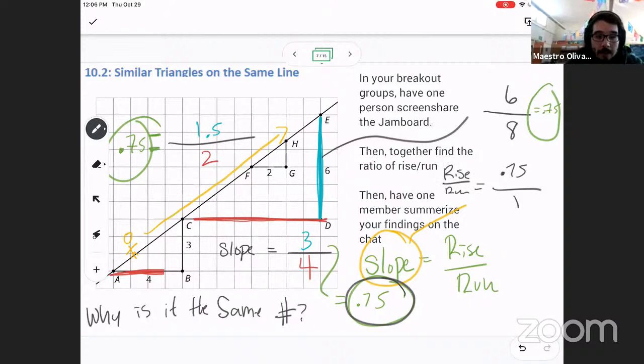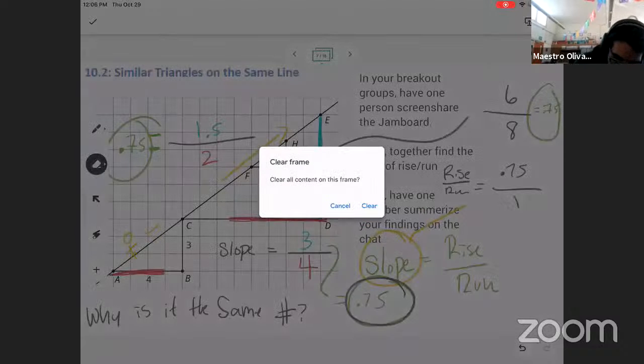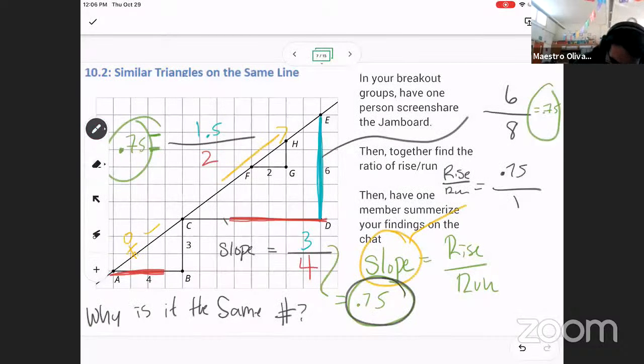I know it's really difficult, but just bear with me. Déjame borrar todo lo de aquí. I want you to look at this little triangle.